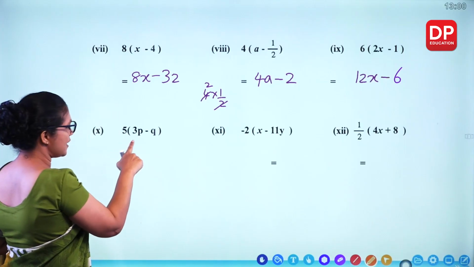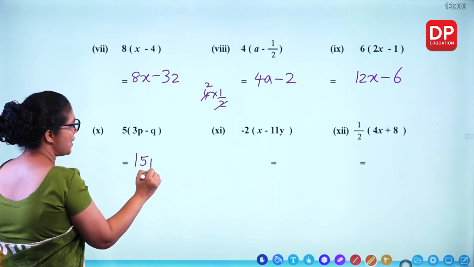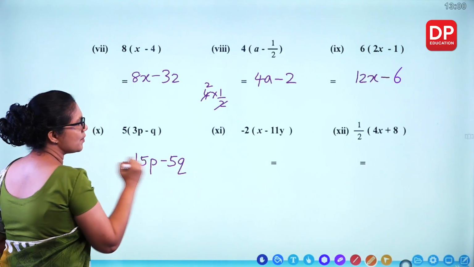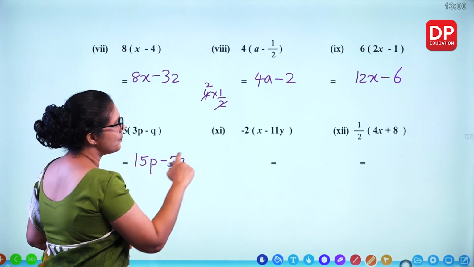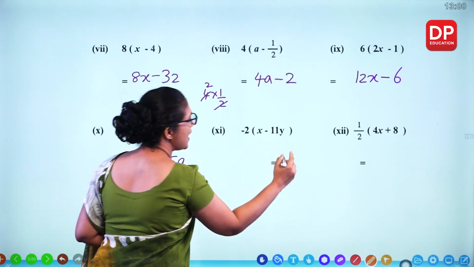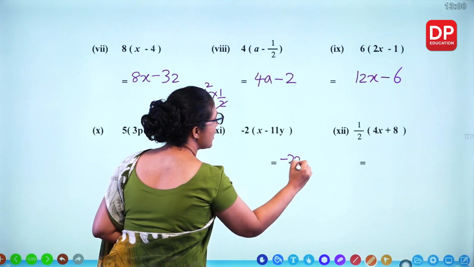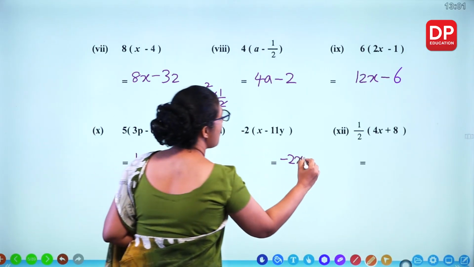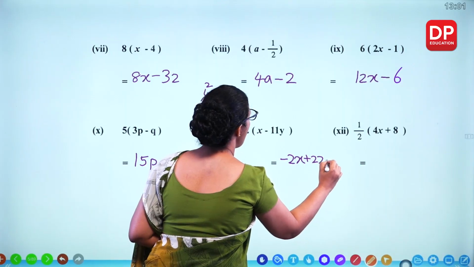This one, 5 times 3, 15p. 5 times q, minus 5q. This one, minus 2 times x, minus 2x. Minus times minus is plus, plus 22y.